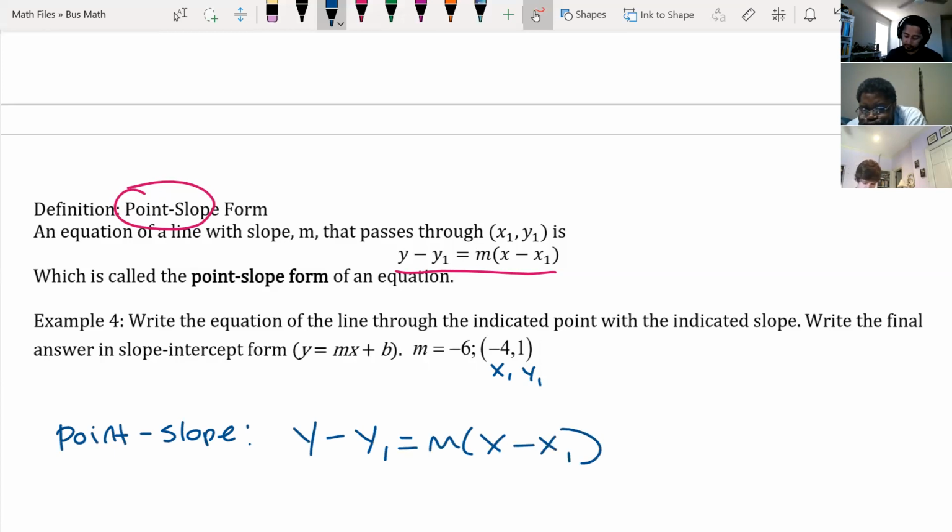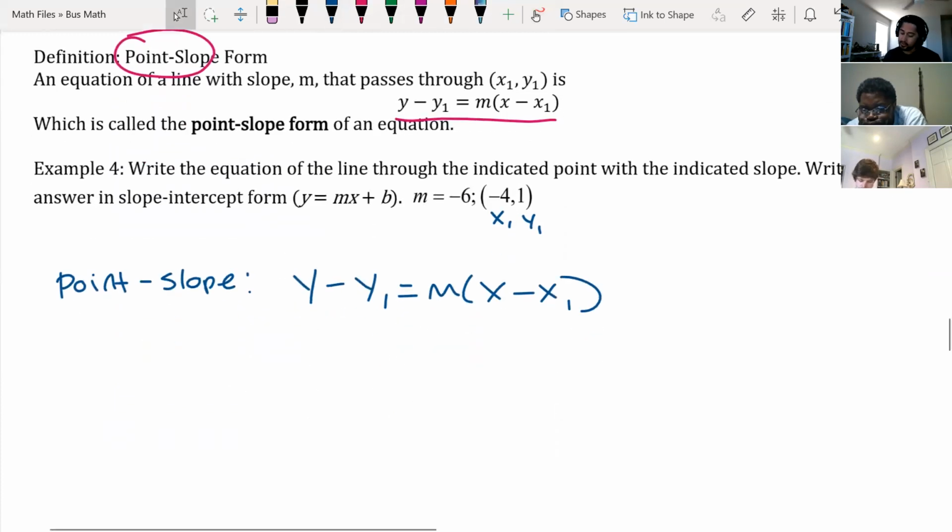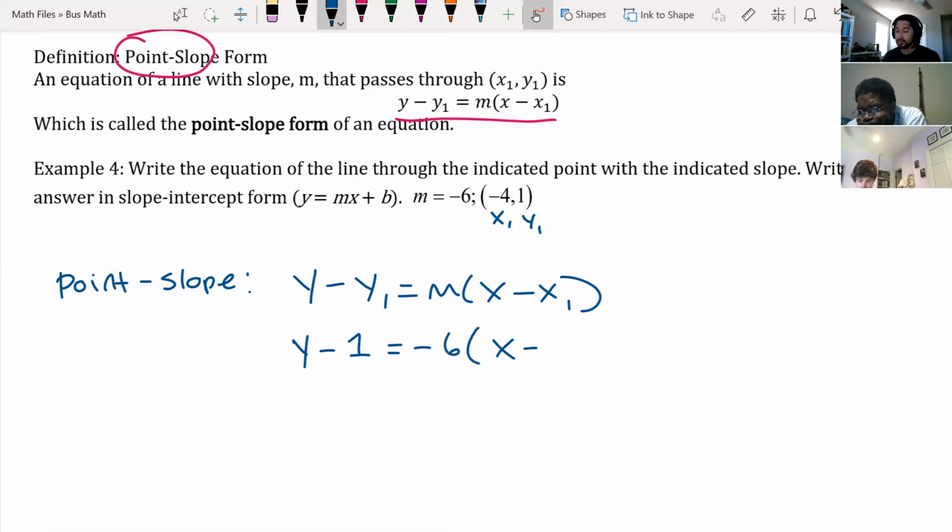Okay. So now we've written the point slope formula out, and let's plug in the numbers that we know. Here I'm going to get y minus y1, which happens to be 1, equal to my slope, which is given right above, -6, times x minus my x1 value of -4.